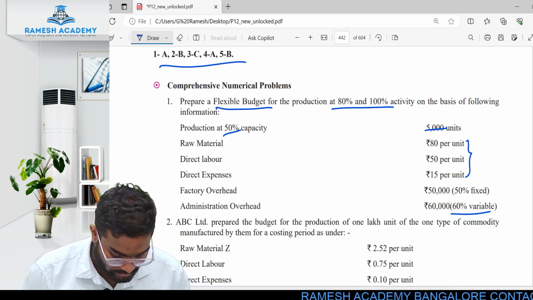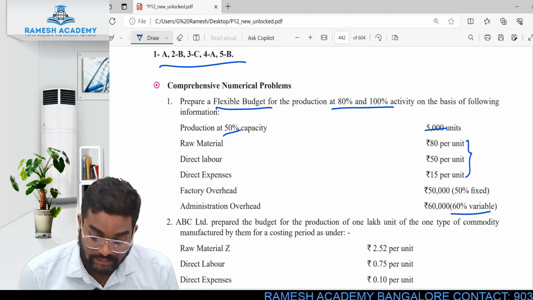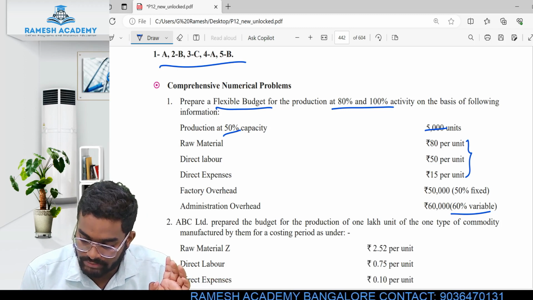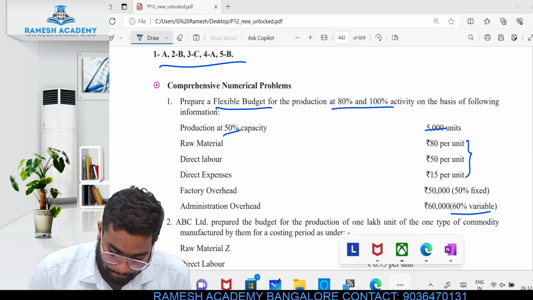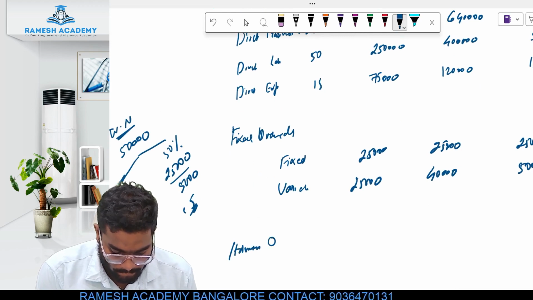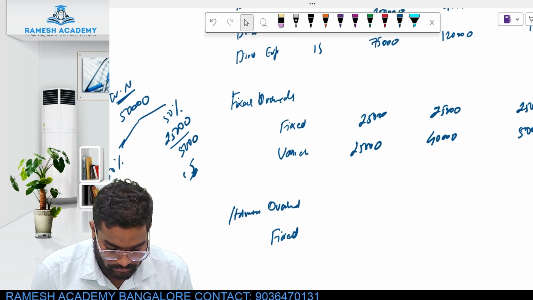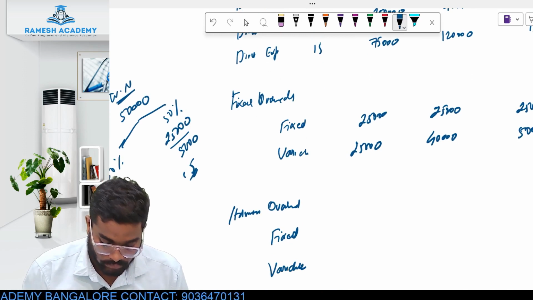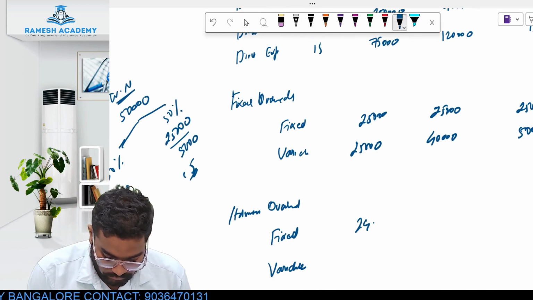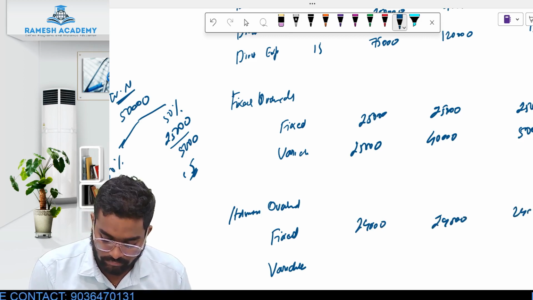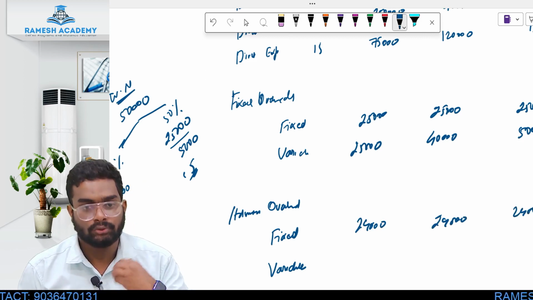Next, what is the overhead? Admin overhead. In that 60,000, 60% is variable and 40% is fixed. So 60,000 into 40%. So it's 24. Admin overhead. Fixed, variable. So 40% is fixed, which is 24,000. For this also you can do a working note, but not required here since you know this.